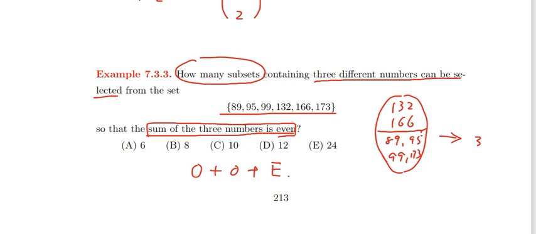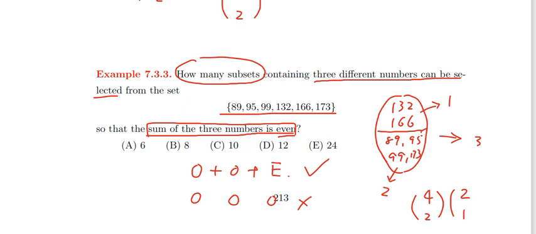We cannot pick 3 odd, since odd plus odd plus odd is odd, right? So only this way: from here we need to pick 2, and from here pick 1. How many such ways? From these 4 odd numbers, pick 2, and from these 2 even numbers, pick 1. So this equals, I think, 12.